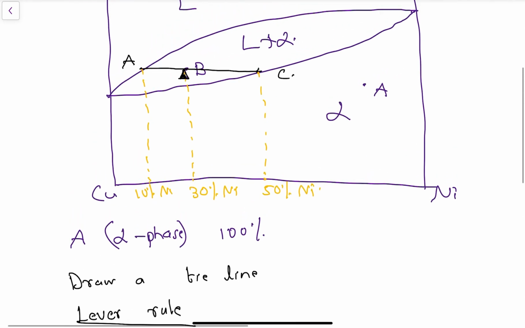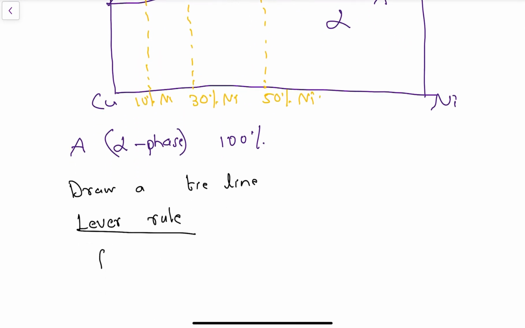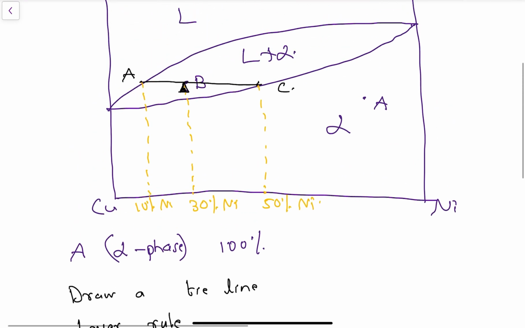The fraction of alpha can be found out from the length of this segment, so this is F alpha, and the fraction of liquid can be found out from this length.